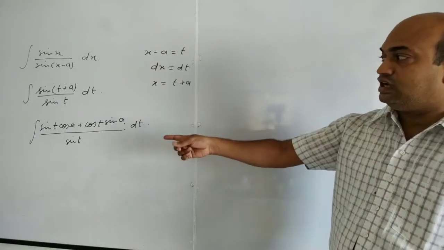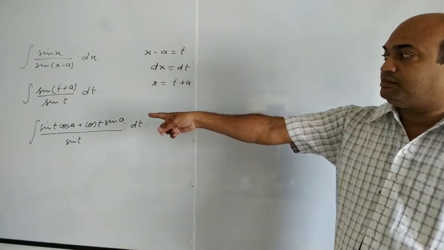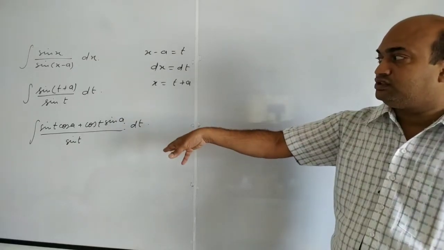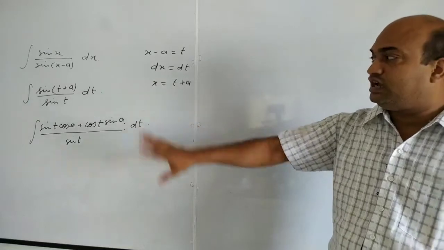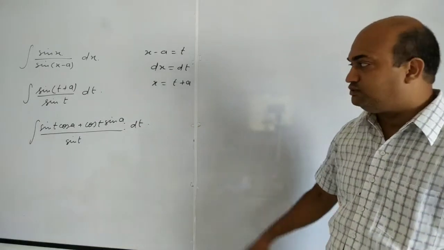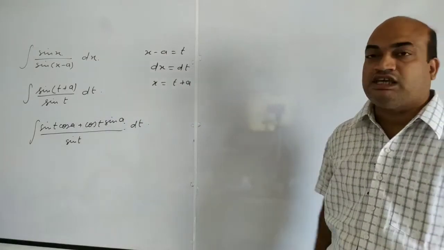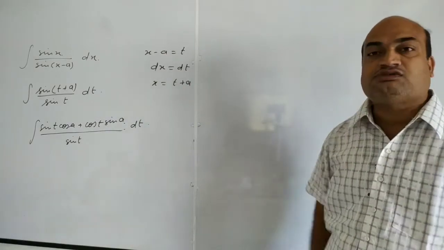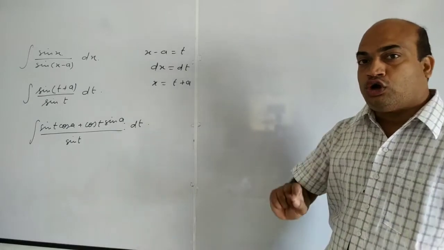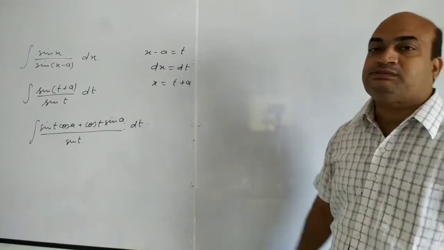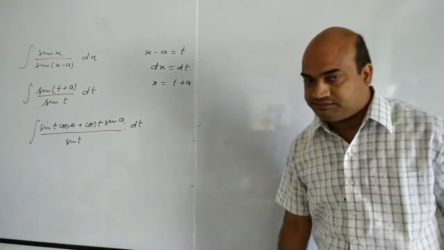Separate the sin t in the denominator of the first term and of the second term. In the first term, sin will cancel, cos a we take out, and integration of 1 is t. And in the second term, sin a is out, cos upon sin will be cot t. Integration of cot t will be log sin t. And at last, t we put as x minus a.